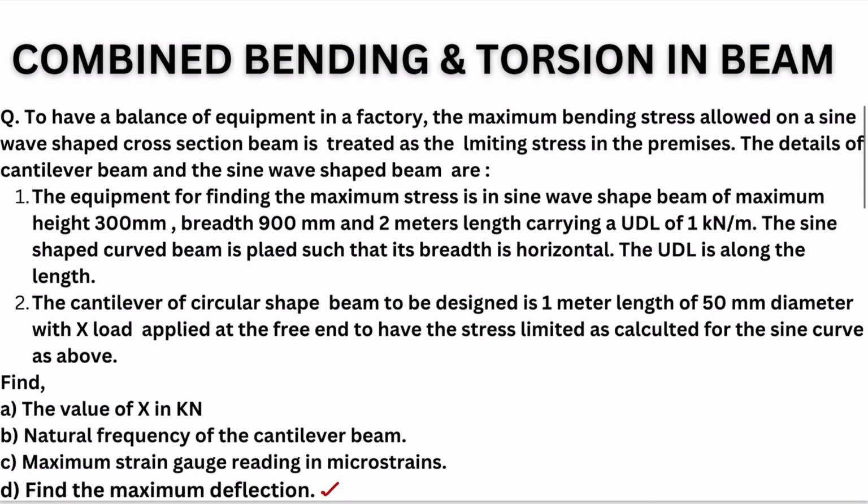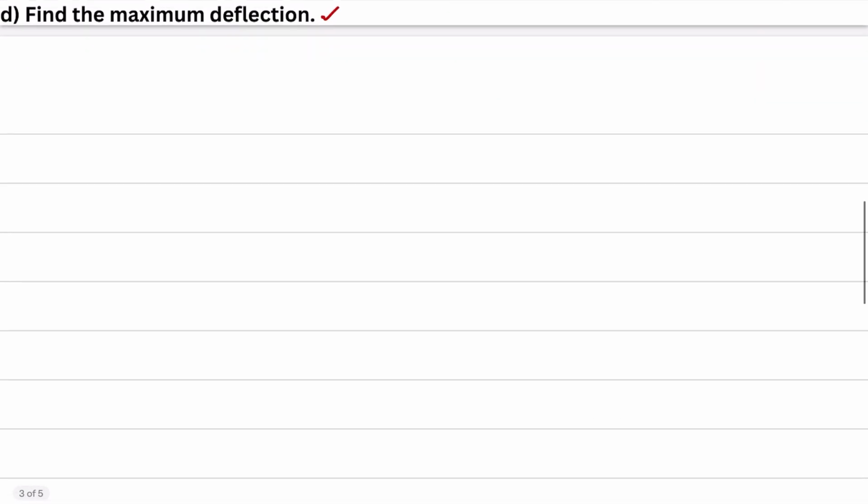In the last 5 lectures, we have solved the first one. The value of x in kilonewtons is 1.1 newtons that we have got. Natural frequency of the cantilever we have found. Maximum strain gauge reading also we have found. And in this lecture, we are going to find the maximum deflection without considering the self weight of the beam.